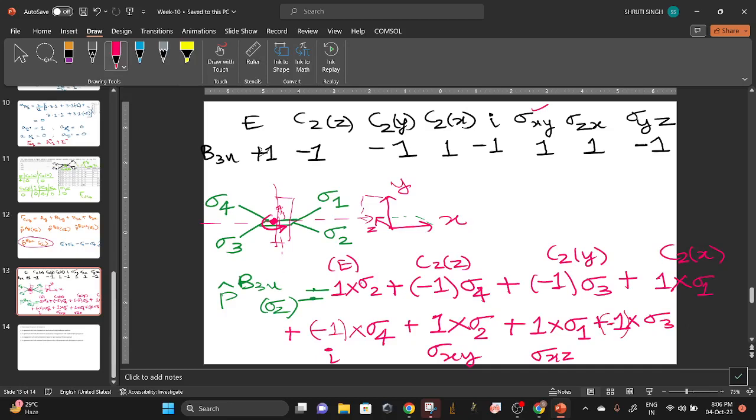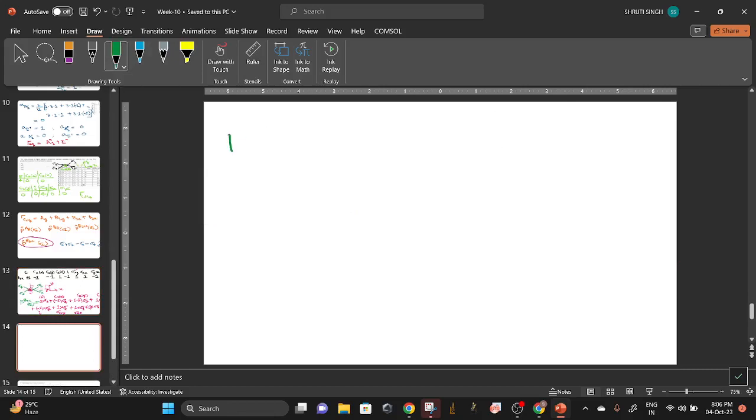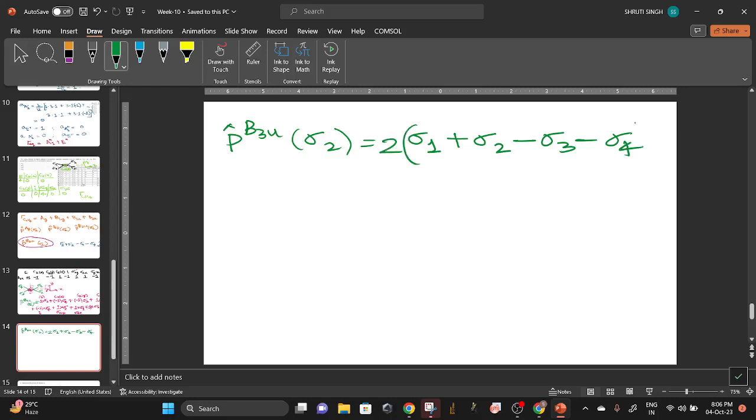Now you see, sigma 2 is plus, sigma 1 is plus, sigma 4 and sigma 3 are minus. So this gives that the projection operator of P3U when applied on sigma 2 gives sigma 1 plus sigma 2 minus sigma 3 minus sigma 4, times 2.